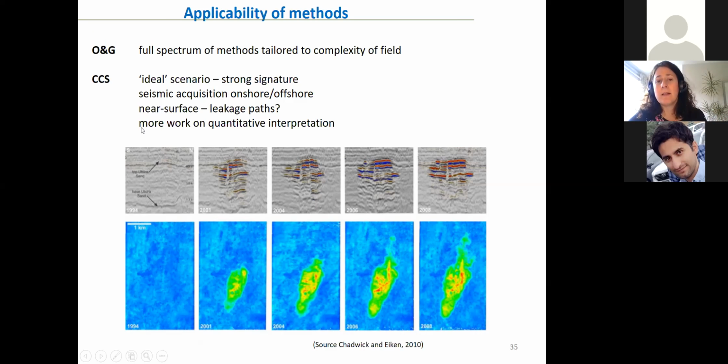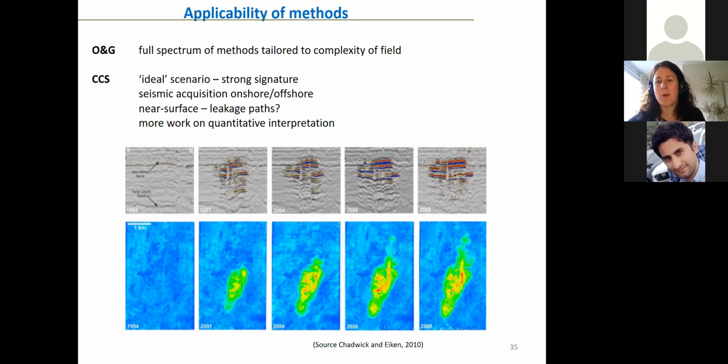And then the last thing for CCS is, I think we need to work more on quantitative interpretation, because it seems all types of simulators to seismic and different types of software are geared towards oil, gas, water systems under certain temperature conditions. So in CCS, you might have supercritical conditions, so you need to make sure you're choosing the appropriate physics for that problem.